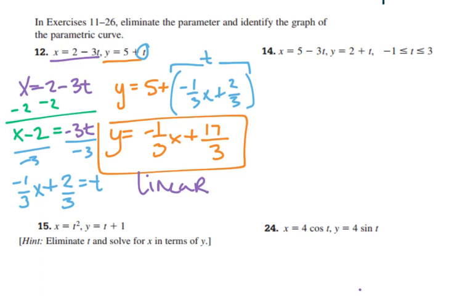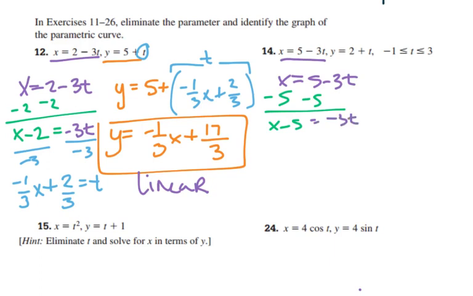So the next one, let's see, I'm going to have my x that I'll solve. Only this time I'll have to subtract a 5. Ooh. Divide everything by negative 3 again. And get negative 1/3 x plus 5/3. Alright, and then my y equation is 2 plus t.